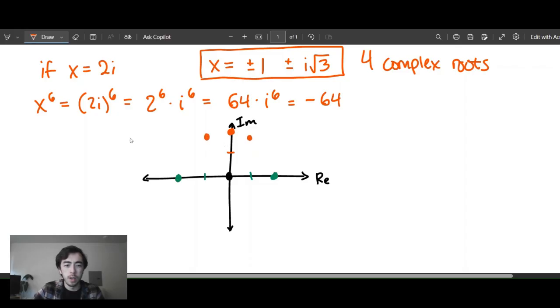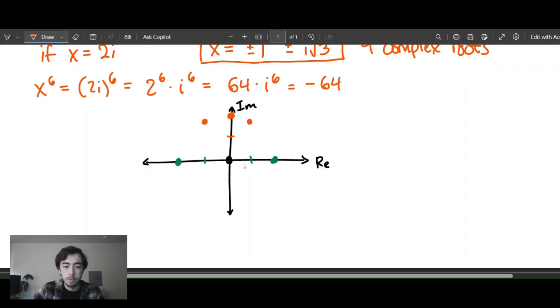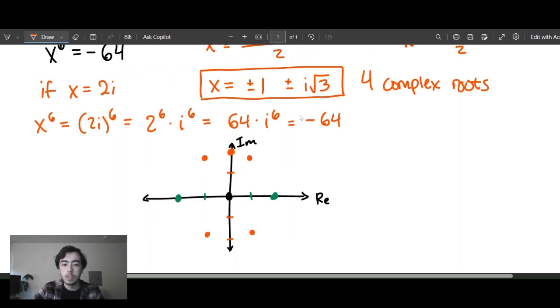That one feels a little too high. Let me lower that just a little bit. It's about the same. And then same thing going on here, where I'll have a real component of 1 or -1, and then the imaginary component is going to be about -1.7 here. And so I have these 4 solutions represented here visually on my complex plane.